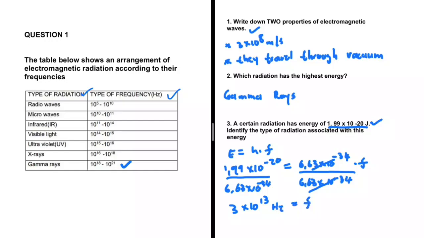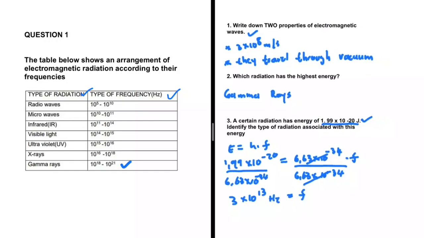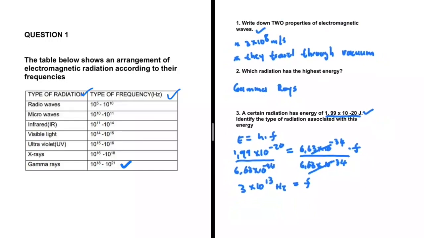So there we go. Now it's just a matter of figuring out which range this frequency belongs to according to our given table. We have 3 times 10 to the power 13. So it doesn't belong to radio waves, and not microwaves, but infrared.